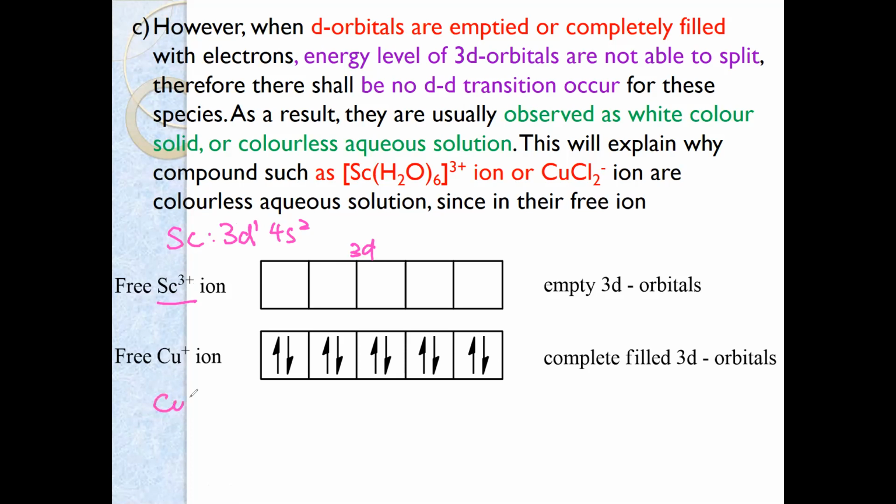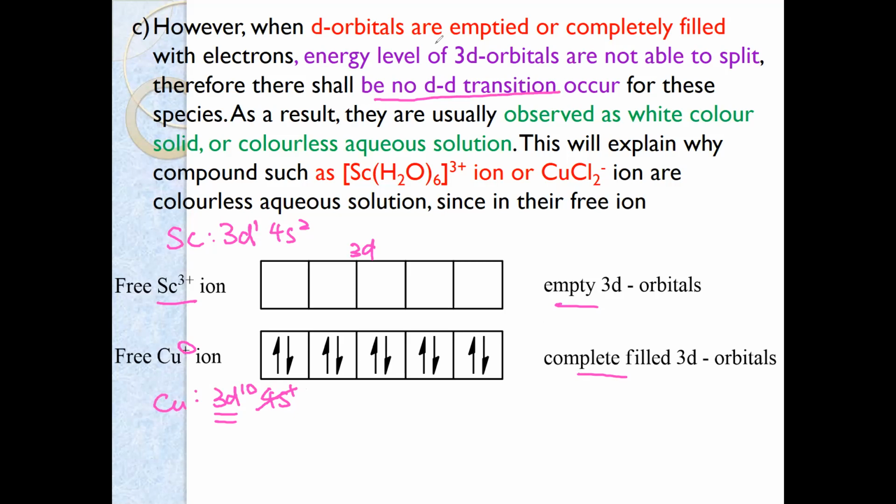Copper is originally 3d10 4s1, so when you form Cu+, the 3d is completely filled. So when it is empty or completely filled, no d-d transition takes place. That is why you observe a colorless solution in here. Okay, so that is how we explain how complexes are colorful.